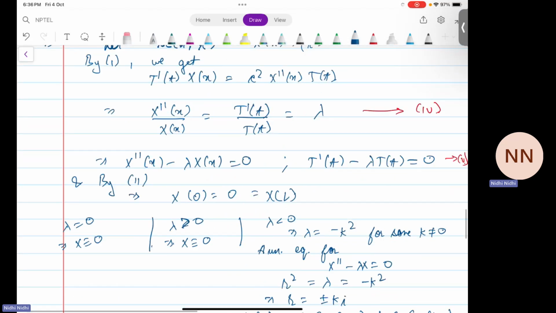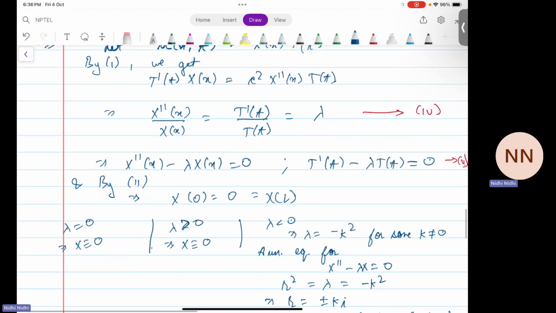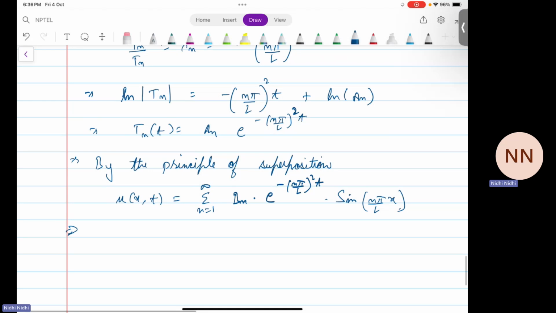So if we look at the question, till now we have used equations first and second. We need to use equation third and find the explicit form of the function u(x,t). So by equation third, we have u(x,0) equals to x. This implies x is equal to u(x,0).